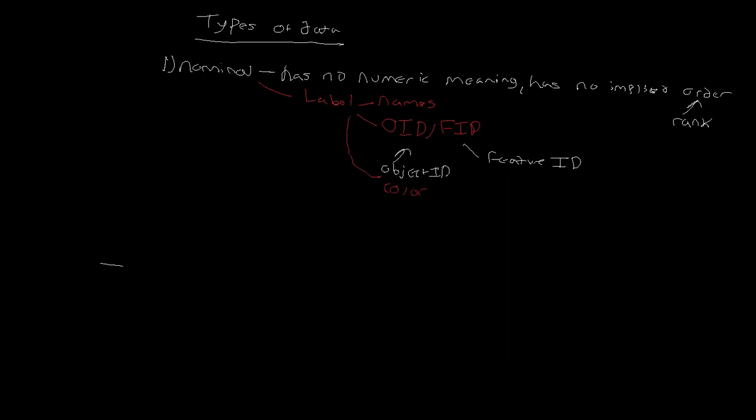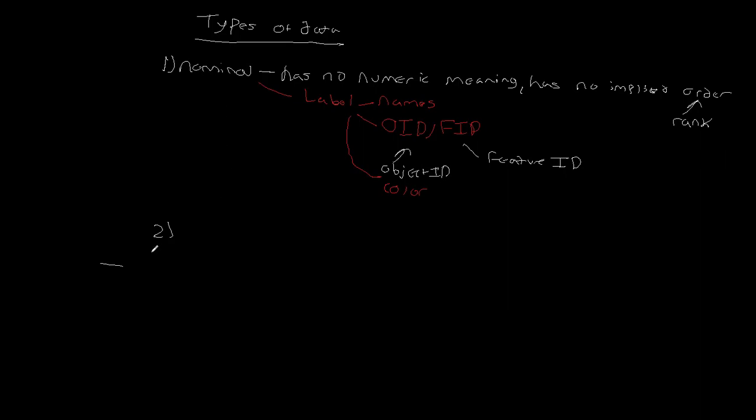All right. Okay. Nominal is pretty straightforward. The way I like to think of it, nominal means name, right? Or label, and then you can sort of spew out different examples of that.